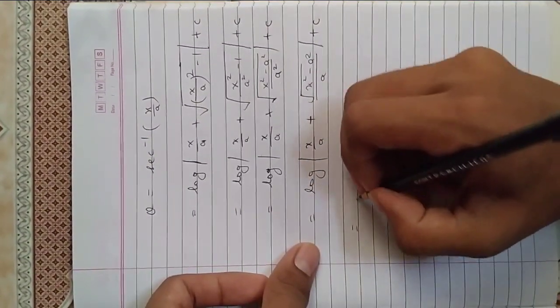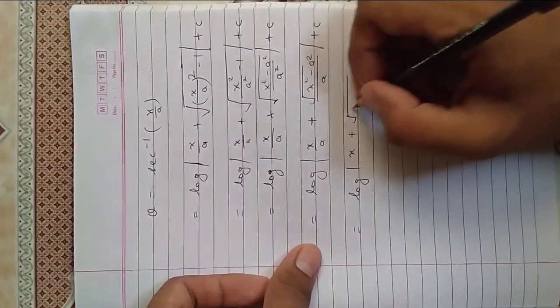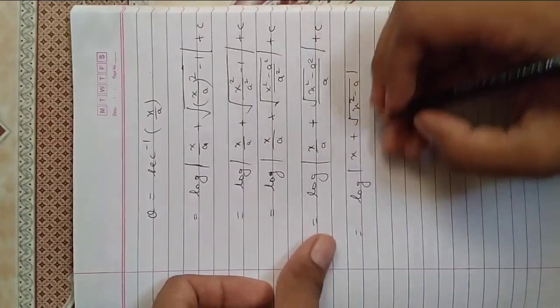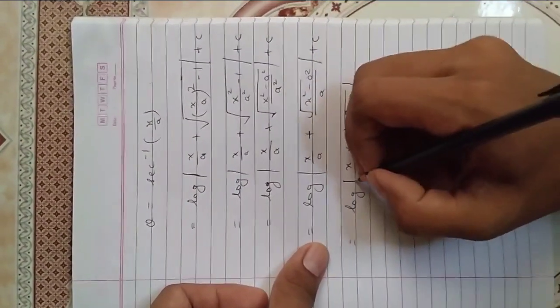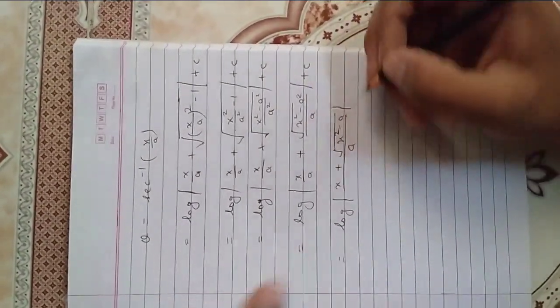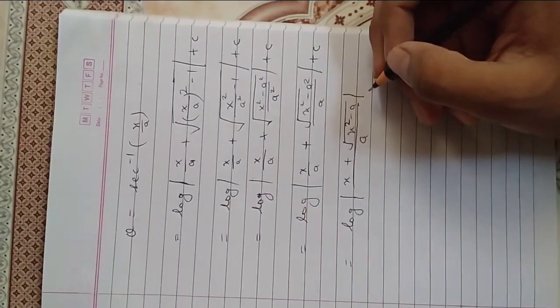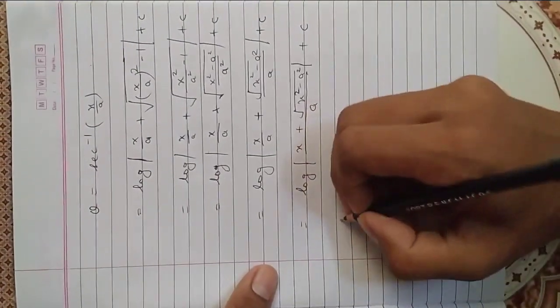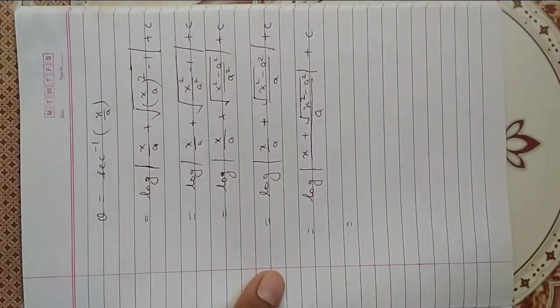there is another common one, x plus root of x square minus a square upon a. So I have got this one, and we know the result of log properties.